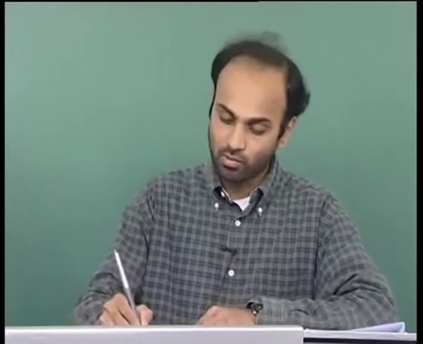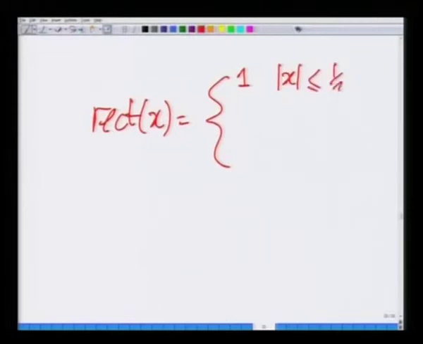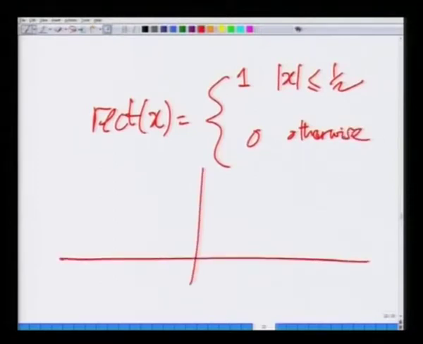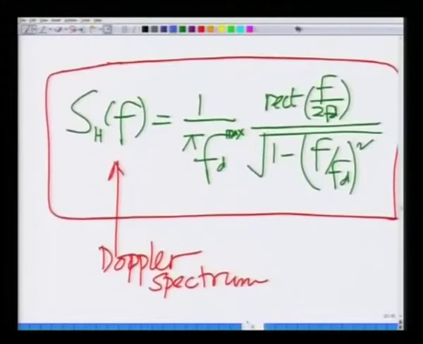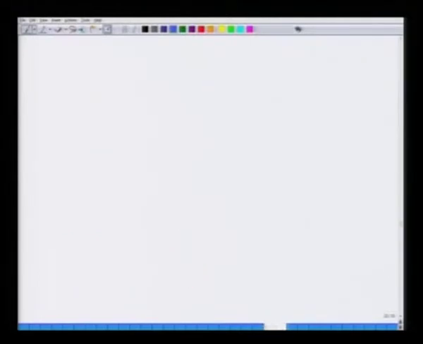The rect function is given as follows: rect of x equals 1 if mod x is less than or equal to half, 0 otherwise. So, the rectangular function looks as follows: between minus half and half, it is 1. So, this is how the rectangular function looks, and now let me approximately plot this Doppler spectrum.